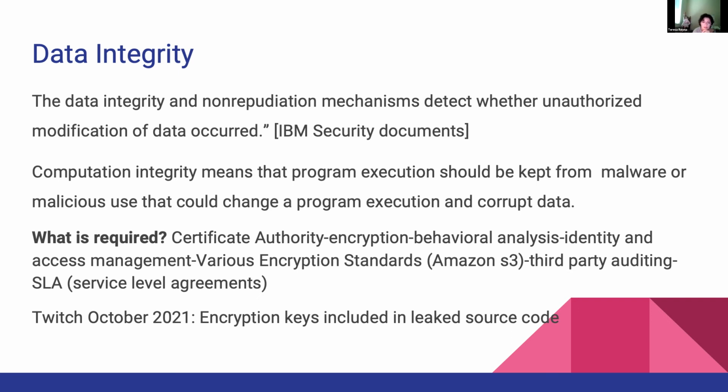Various encryption standards, third-party auditing, and service level agreements. A real-life example is the Twitch 2021 data leak, where encryption keys were accidentally leaked into the source code and therefore able to be accessed by malicious third parties.